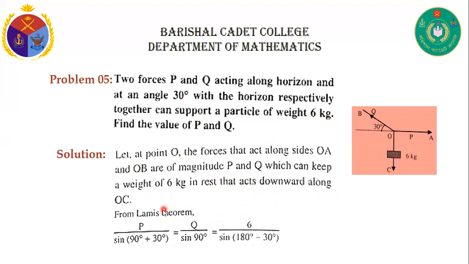So P divided by the sine of the angle between Q and C, that is 90 degrees plus 30, and Q divided by the sine of the angle between P and C, that is 90 degrees, that is Q by sine 90 equals 6 divided by sine of 180 minus 30.